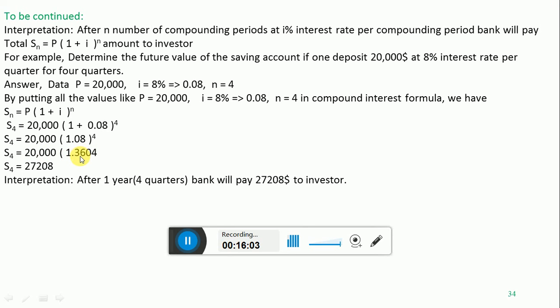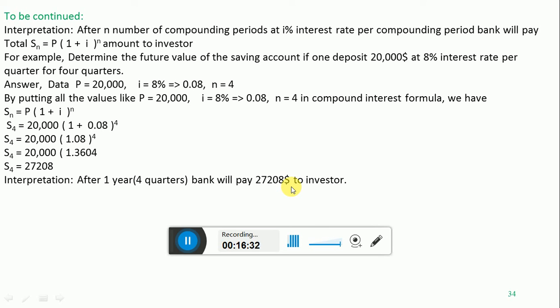20,000 multiplied by 1.3604 gives S4 equal to $27,208. What does this $27,208 mean? Interpretation: after 1 year, meaning 4 quarters, the bank will pay the investor $27,208.